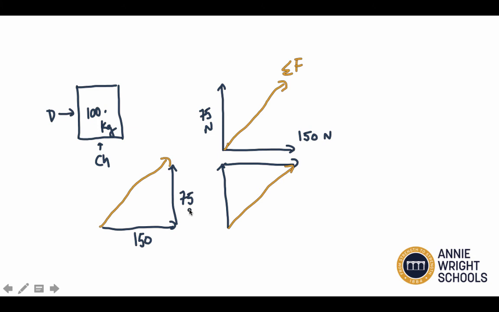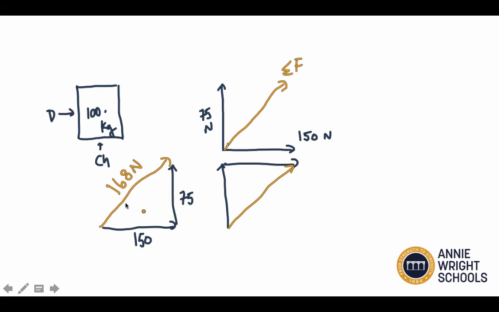Doing that quickly with my calculator, 150 squared plus 75 squared is 28,125. I take the square root of that number, and I get that the vector here, the hypotenuse, would have a magnitude of 168 newtons.